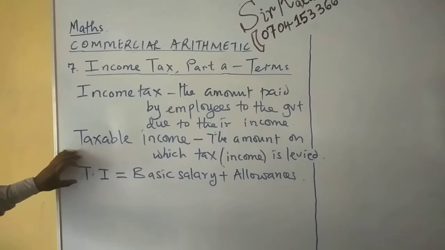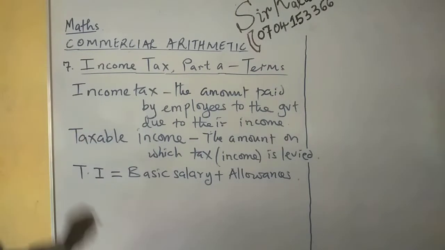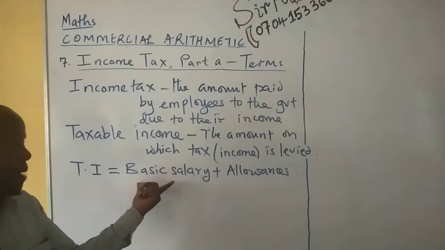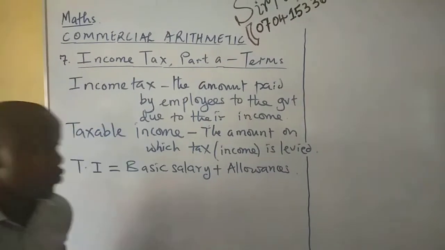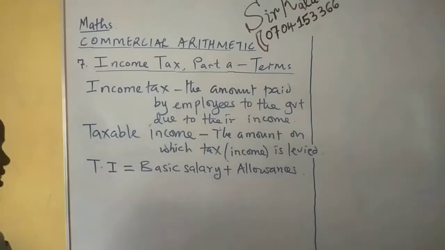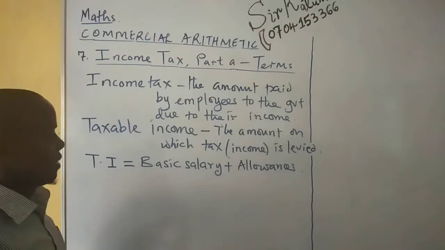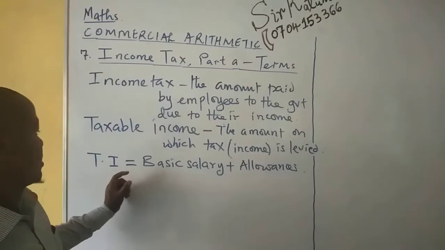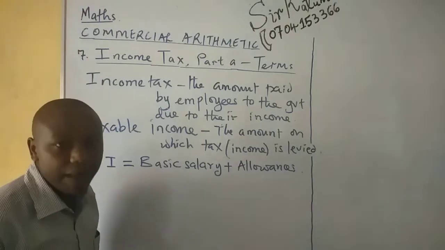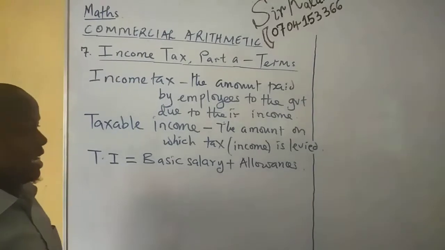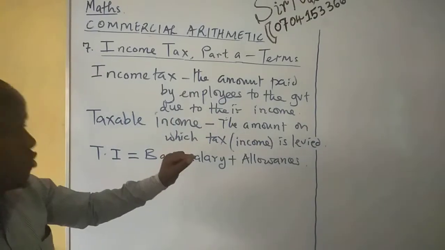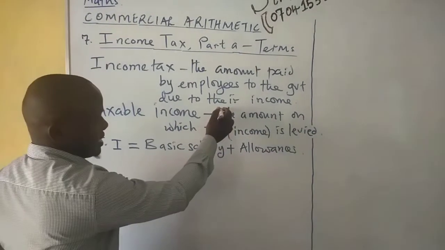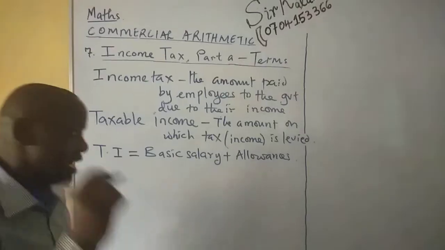Therefore, to get the taxable income of a given individual, we take his or her basic salary plus all the allowances which are enjoyed by the given worker. That is how we get the taxable income of a given individual, and that is the amount from which tax is levied.